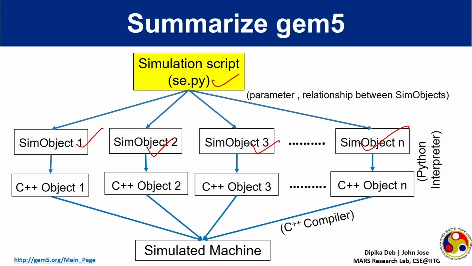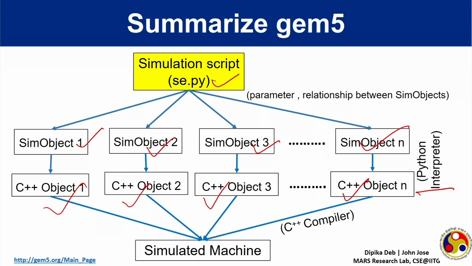These sim objects are also written in Python files, so we require a Python interpreter. For example, in the cache implementation in Ruby, it has a sim object known as rubycache.py. Next, the C++ objects which define the system behavior, that is the cache organization and implementation of the cache, inherit the values from the sim objects.